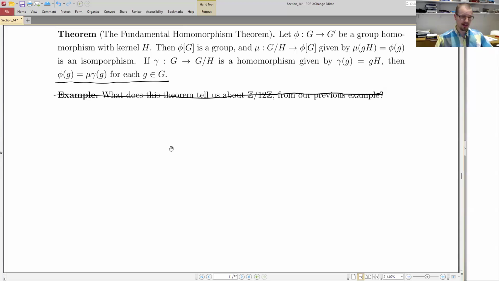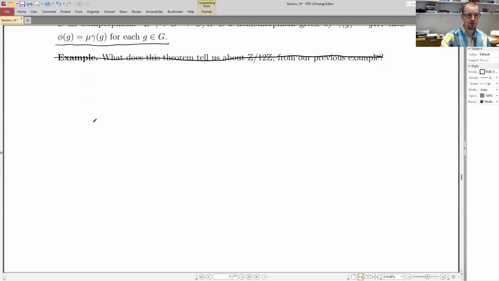So what does that really tell us? Well, let's take a look at a visual representation here. So I have my group G, and I have my homomorphism phi, and I can move to the image phi of G. No surprise there.